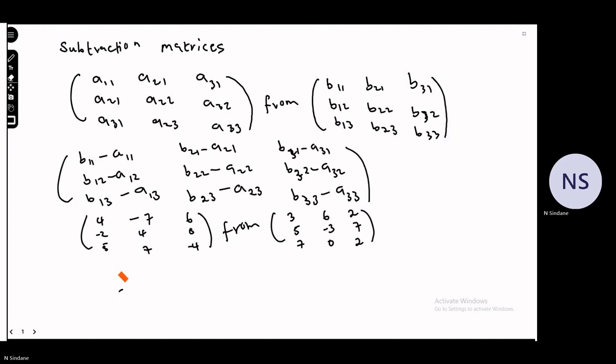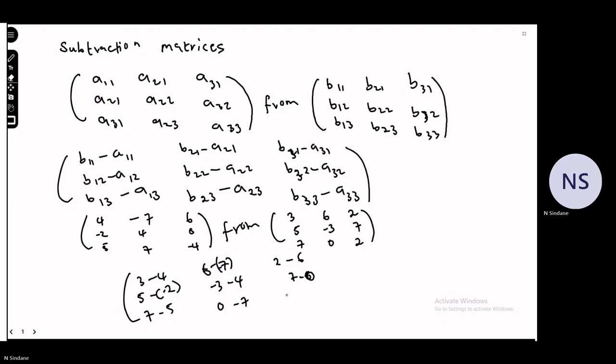So we will have 3 minus 4, then 5 minus of -2, then 7 minus 5, and then -7. Then 6 minus 7, then -3 minus 4, then 0 minus 7, then 2 minus 6, 7 minus 0, and 2 minus of -4.